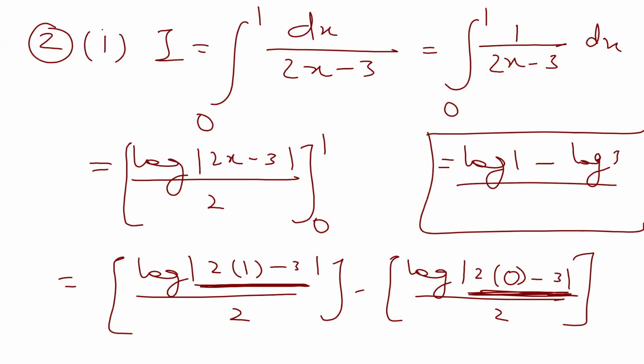Log 3 upon 2. Next step, you can just write log 1 as 0 and complete the answer. This part is 0. So the answer is minus log 3 upon 2.